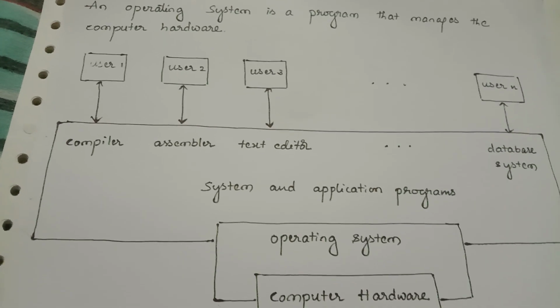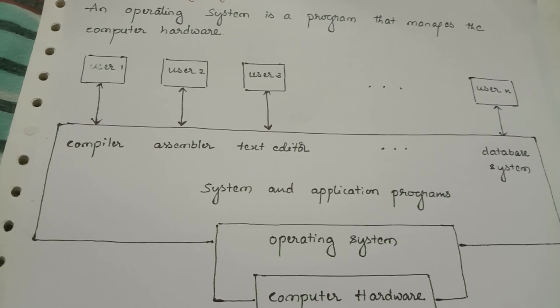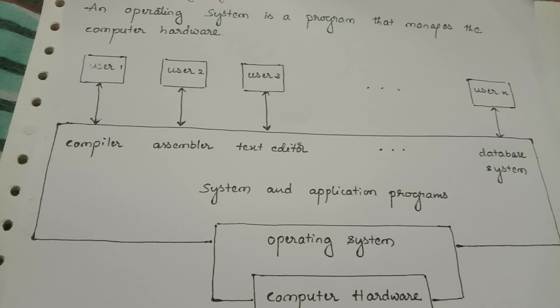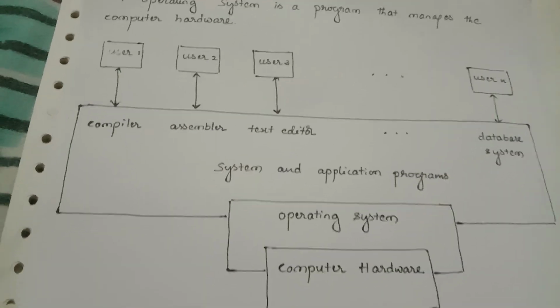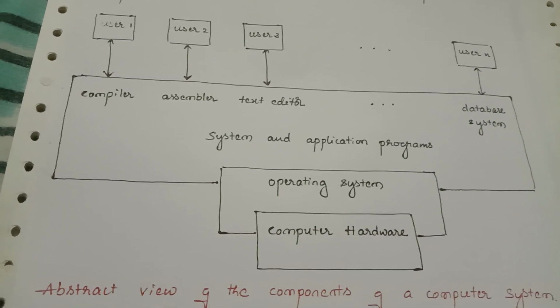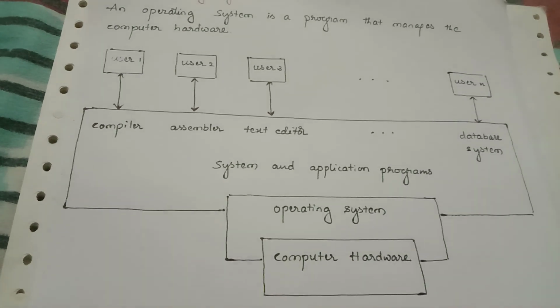Now, coming to the main thing: what is an operating system doing? The computer system can be divided roughly into four components. You can see in the diagram: the computer hardware, the operating system, the application programs, and the user.